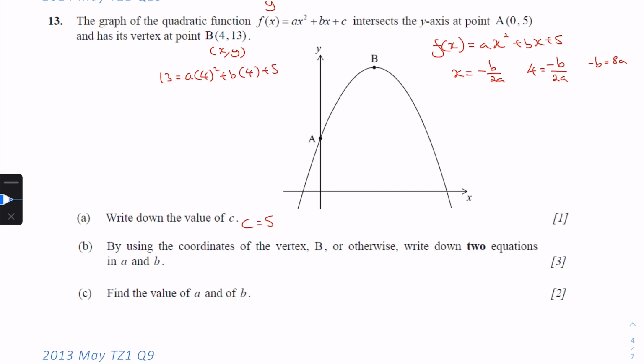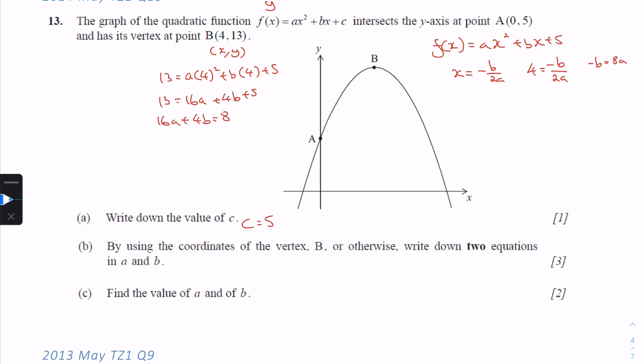It's 5. So here we have 13 equals 16a plus 4b plus 5. Right, having done that, we are now simplifying it: 16a plus 4b equals 8.